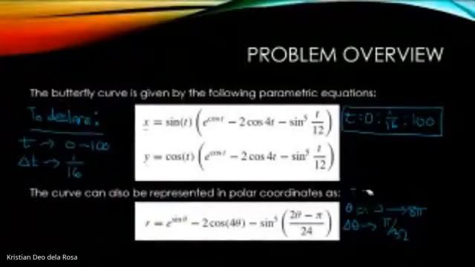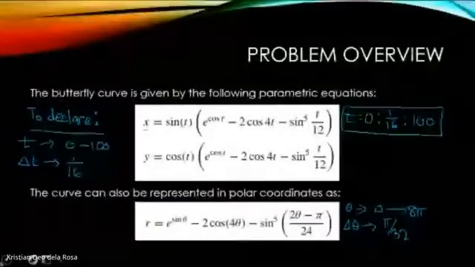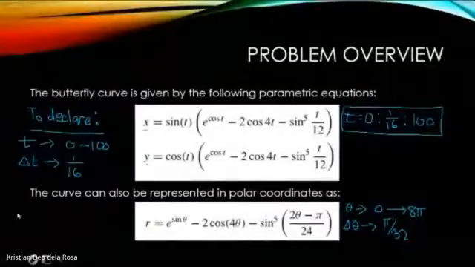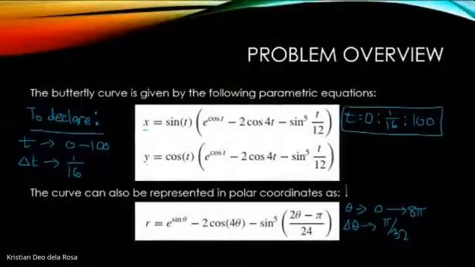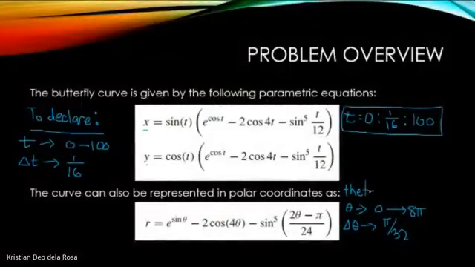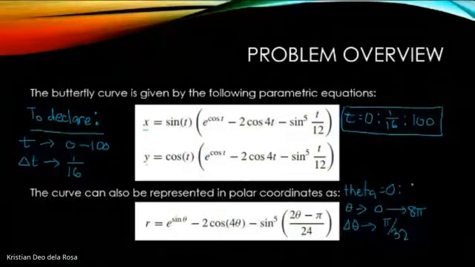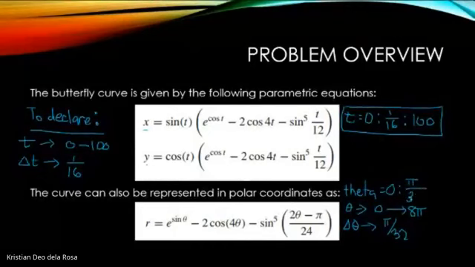So, erase natin yan. And then, we could declare theta is equal to 0. And then next is pi over 32. And then 8 pi.